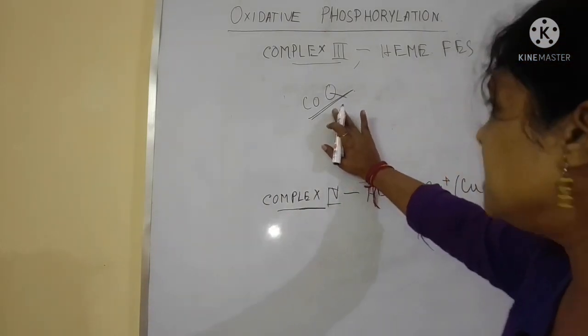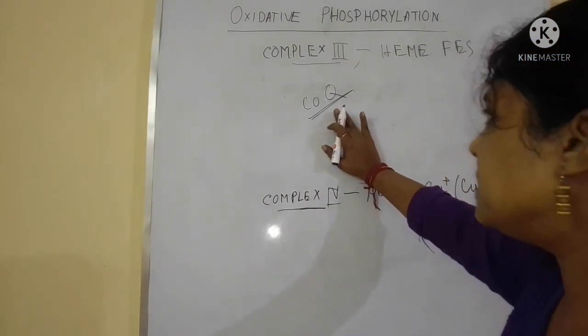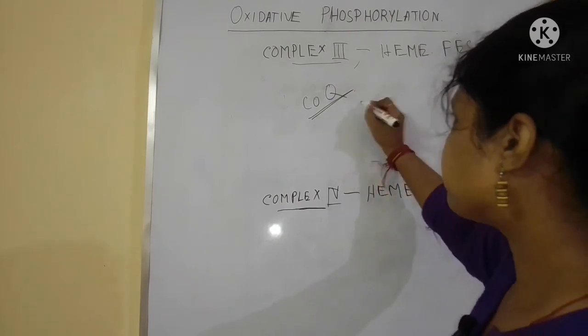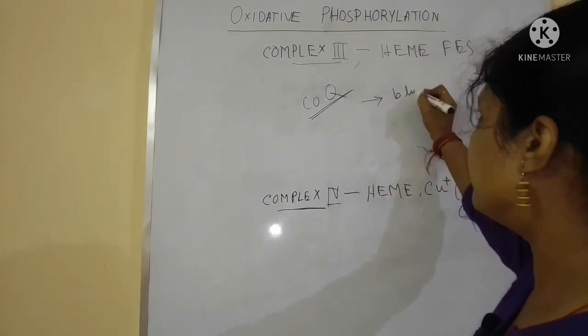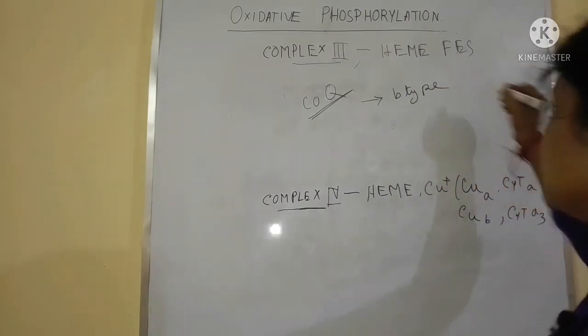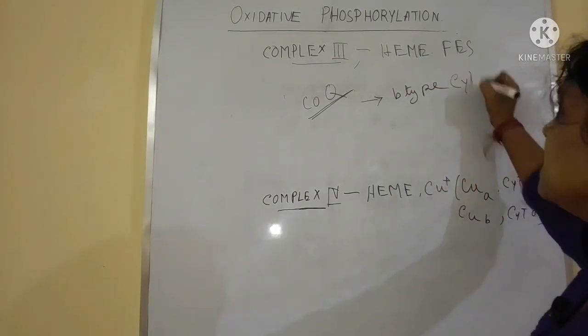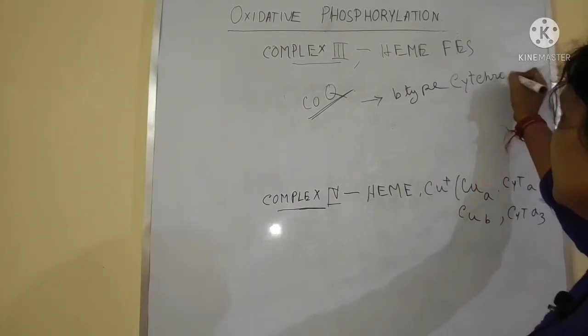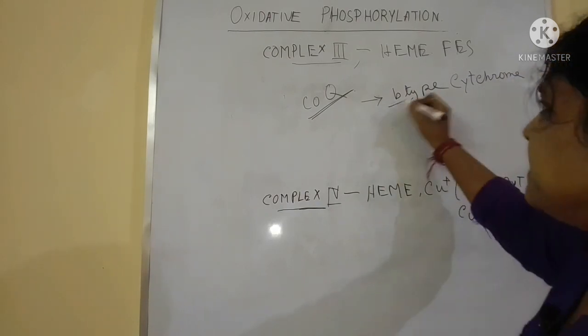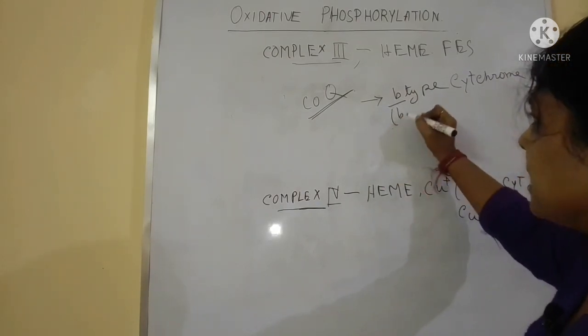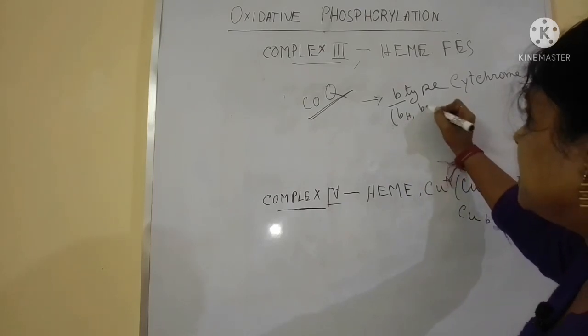Okay. The CoQ first of all transfers the electrons to the B-type cytochrome. What is B-type? One is BH, another is BL.